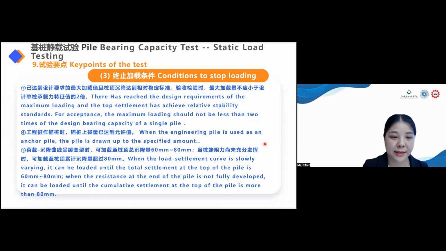For acceptance, the maximum loading should not be less than 2 times the design bearing capacity of a single pile.